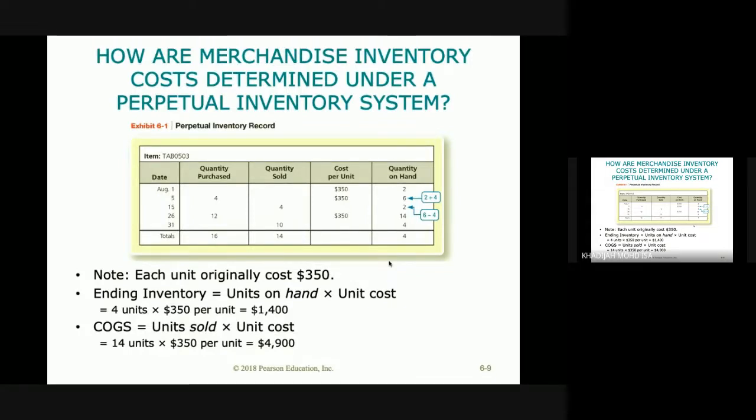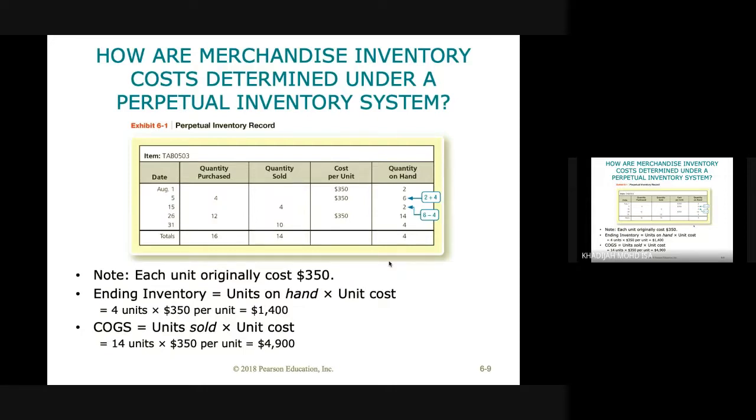Every time you sell your inventory, it will be recorded. So it's a very detailed accounting system for your inventory. Normally, the perpetual inventory system is used by big companies that have the accounting system to be able to record every purchase and every sale of the business.